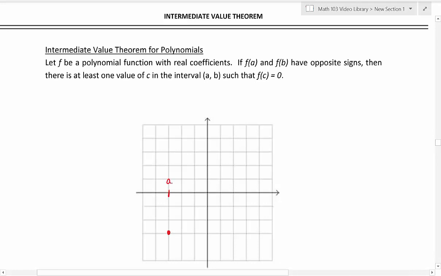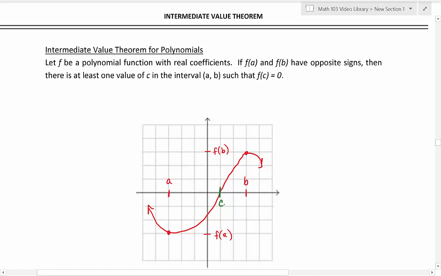So here's where x is equal to a, and here's where x is equal to b, and their corresponding y values of f(a) and f(b). So the intermediate value theorem says if you have these two y values that are opposite sign, one positive and one negative, then there has to be at least one x value c in between a and b such that f(c) equals 0.